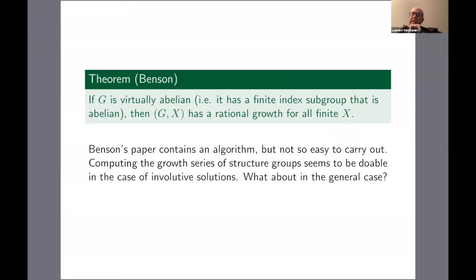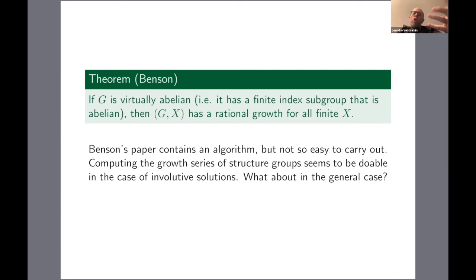Benson's paper in Inventiones, I think it is from the 80s or maybe the 90s, I don't remember, contains an algorithm, but I was not able to implement this algorithm. However, it looks like it is doable somehow, that you can indeed compute the growth series of a solution.